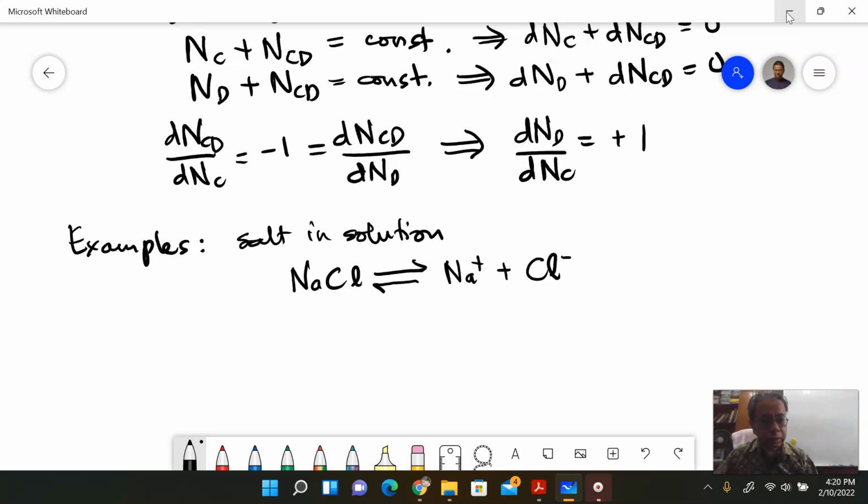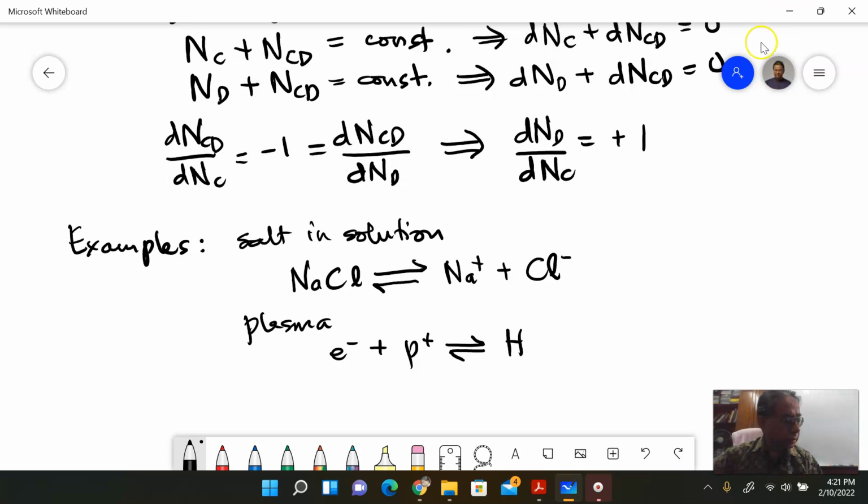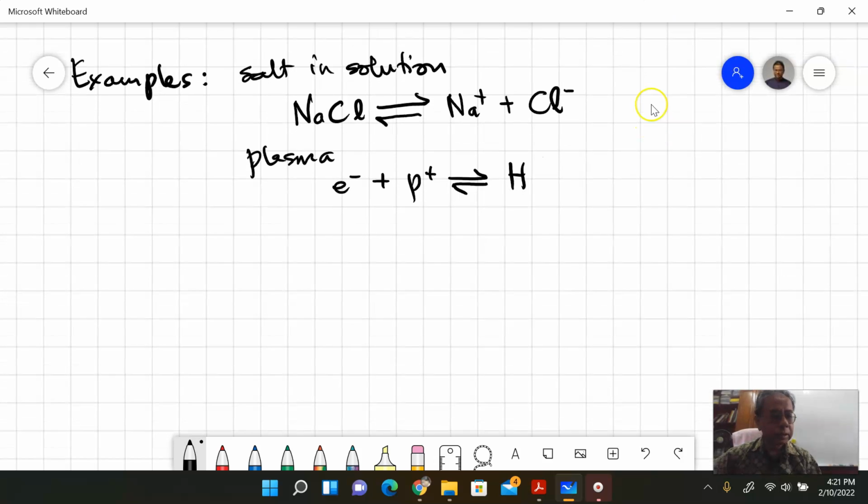Okay, so that's one example. Another good example is the plasma inside the sun. For example, you have electrons interacting with the protons to form hydrogen atoms. So we will discuss this idea of plasma later on as we do some calculations.